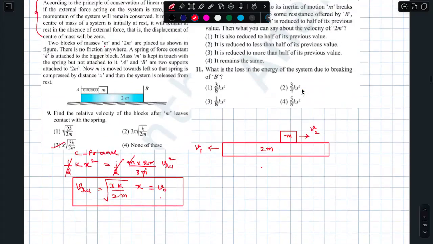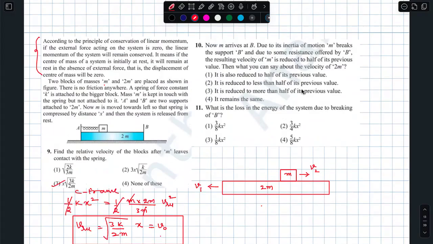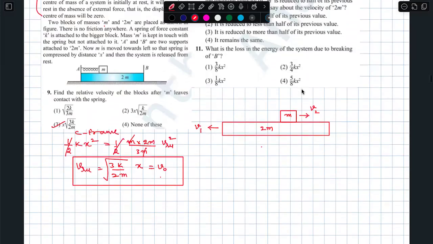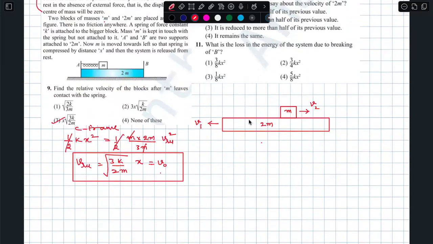Now, what you said, by the way, see, M arrives at B, at the end B, right? This is the state I know.